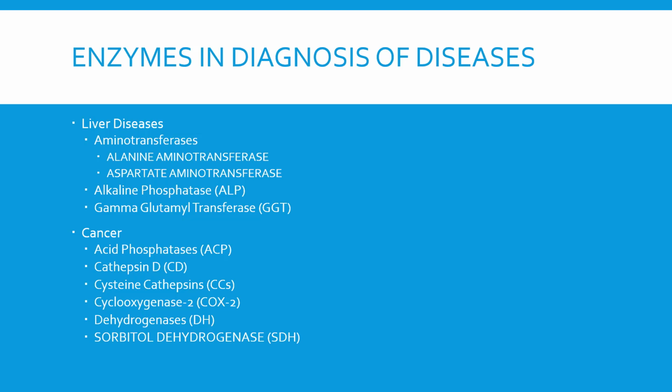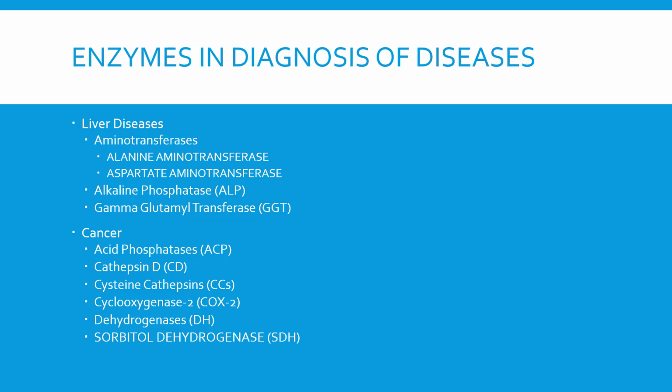The range for a healthy human adult is a concentration of around 5 to 40 units per liter. But in case of severe damage of the liver, the AST level rises 10 to 20 times higher than the normal range. It is also found in the red blood cells, muscle tissue, and other organs, including the kidney and pancreas.